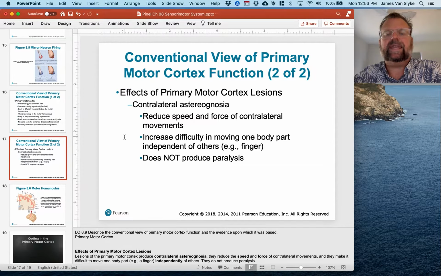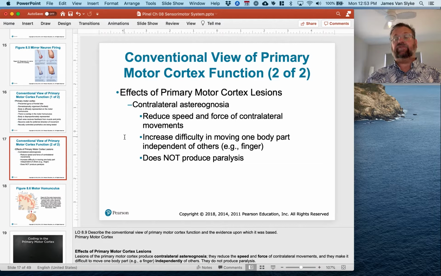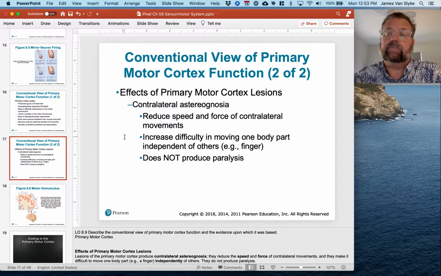What's important here, again, is that this is not because of any kind of paralysis, meaning there's nothing wrong with someone's hand and their inability to move the finger. It's just that a part of the motor system, the primary motor cortex, gets damaged, and thus that particular function has some sort of deficit, and they have certain kinds of difficulties there.